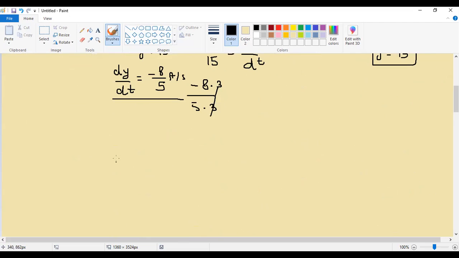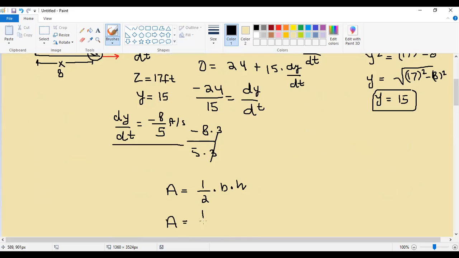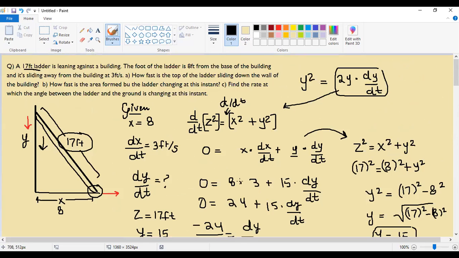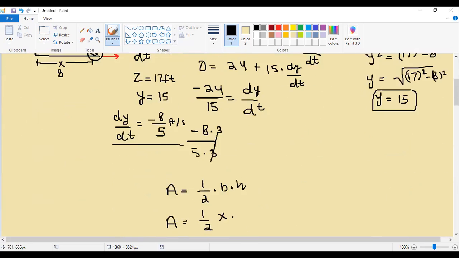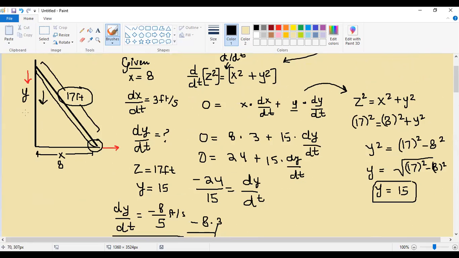And we know that the area of a triangle in particular is 1/2 times base times height. Now, in this particular problem, we've chosen to label the base as being x, and we've chosen to label the height as being y. So y, which of course we have a solid value for, which is 15.